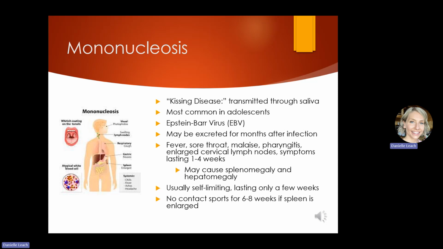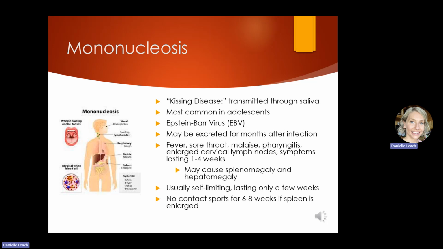So one of the problems with this is that it can be very contagious because the virus can be excreted for months after infection. Some of the symptoms are fever, sore throat, malaise, pharyngitis, enlarged cervical lymph nodes. And again, these symptoms usually last 1 to 4 weeks.